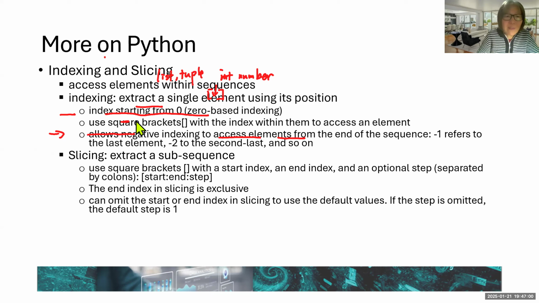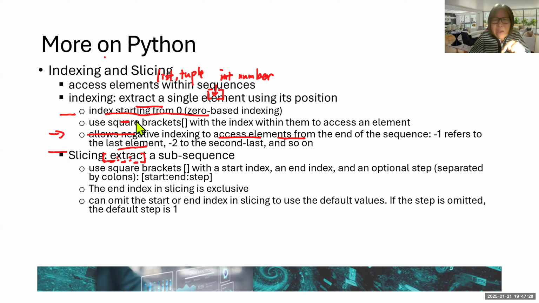So that's indexing. And Python also allows slicing. Slicing is not to extract a single element, it extracts a subsequence. It also uses square brackets, but you need to provide the starting index, then colon, ending index, colon, and the step.